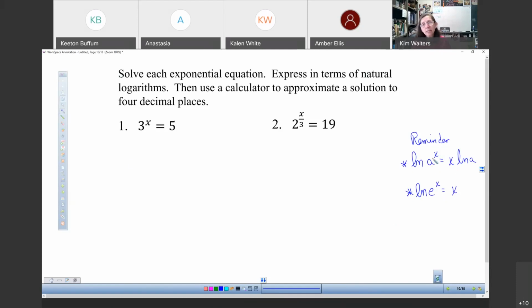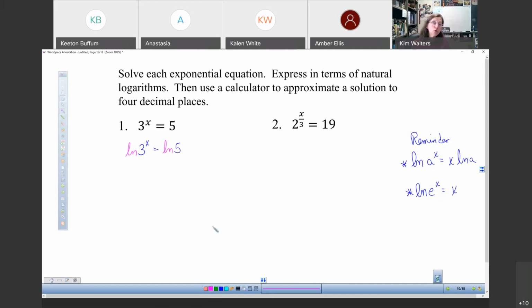So let's look at this first problem. As long as you do the same thing to both sides of an equation, life is fabulous. We are just solving an equation. And so in the case of this equation, 3 to the x is equal to 5, we're going to take the natural log of both sides. Okay?